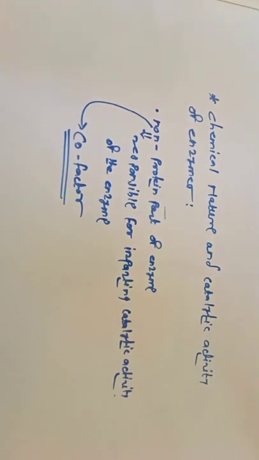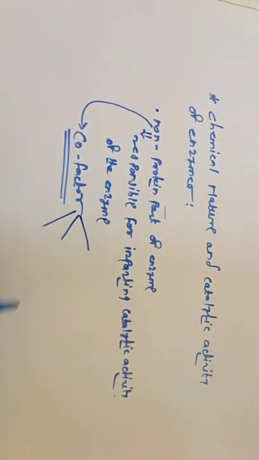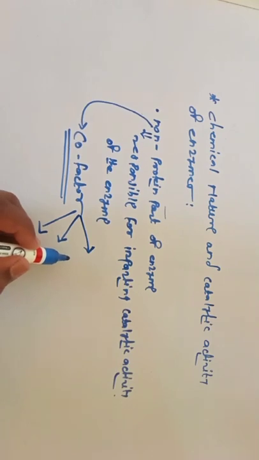These cofactors are divided into three types. There are three types of cofactors observed in the enzymes. The cofactor is nothing but the non-protein part of the enzyme, and I can classify it into three types.